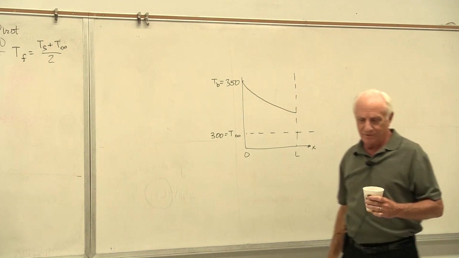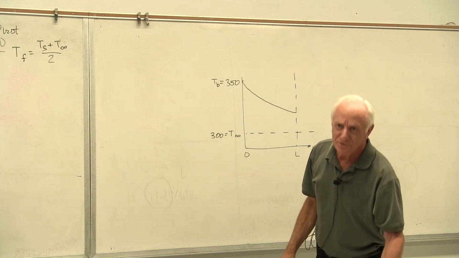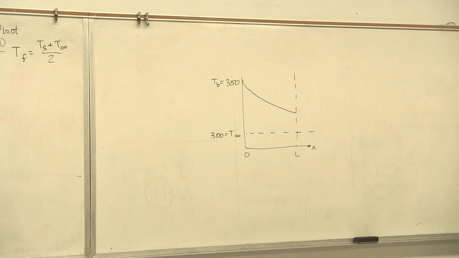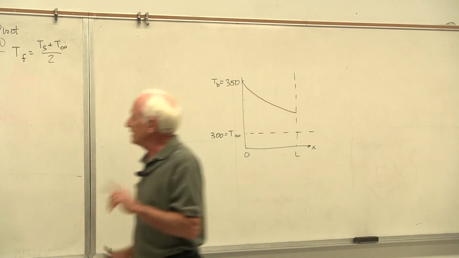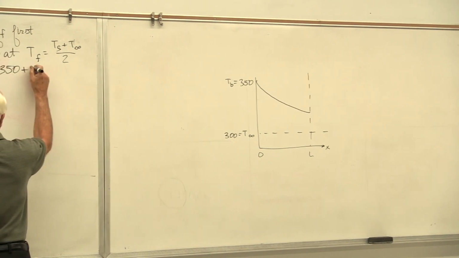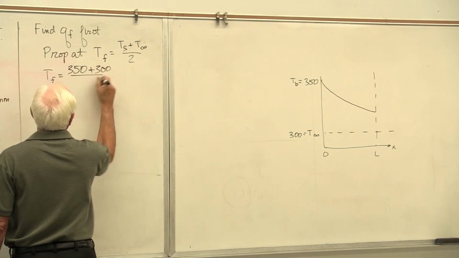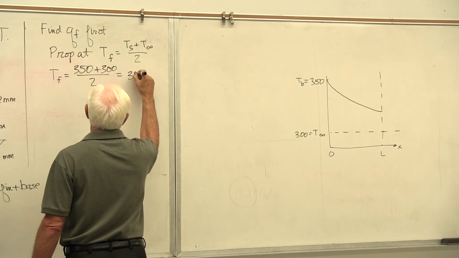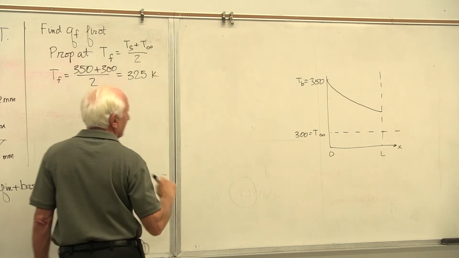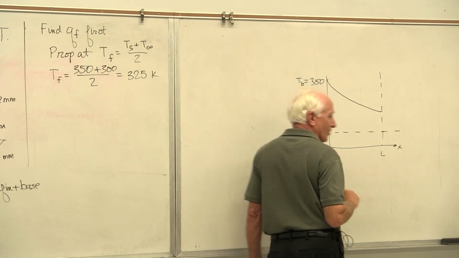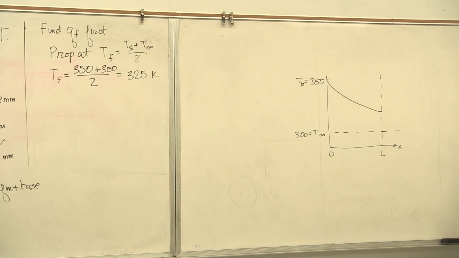See, I don't know. Well, if you don't know, guess what you're going to do for T film? I'm going to take what I do know. The base is 350, the air is 300. My first guess, and it's a guess, is 350 base plus 300 T infinity divided by 2. 325 K. I know that's not right, but I got to start somewhere.